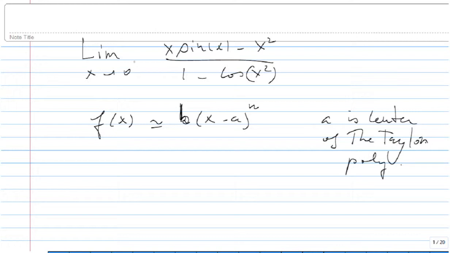And usually the a is given to you as the limit because you have x close to a. So you start with the first non-zero term, and that's the one you have here. So you have this kind of approximation, and that really is a wonderful idea.